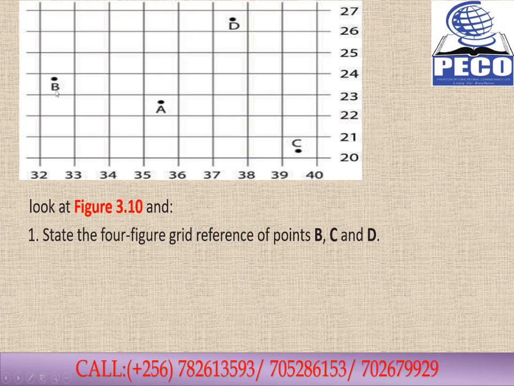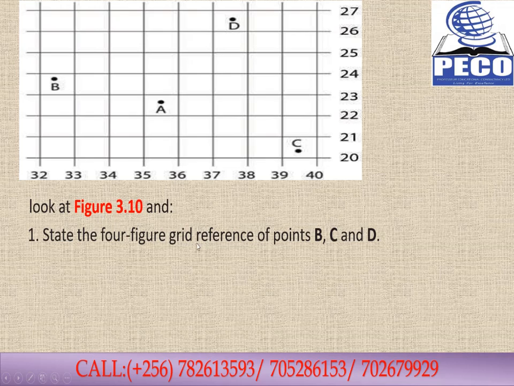We have point B, we have point C, and point D. So what is the easting to the left of point B? It is 32. What is the northing below point B? It is 23. I've already tried to illustrate that. So the 4-figure grid reference for point B would be 32, which is to the left of B, and 23, which is below point B.